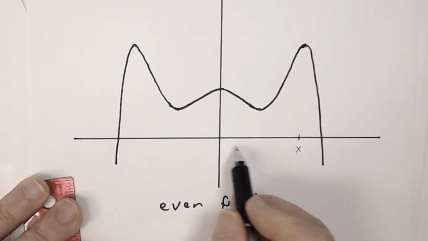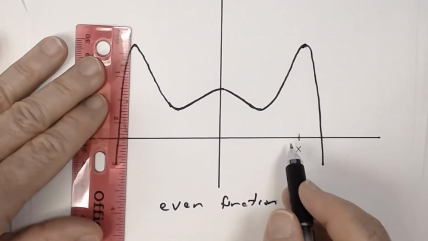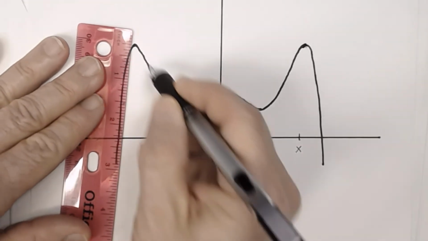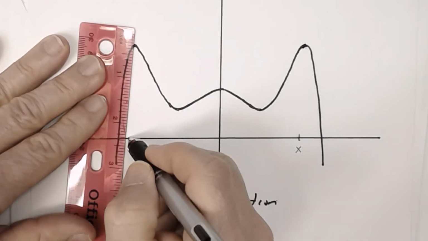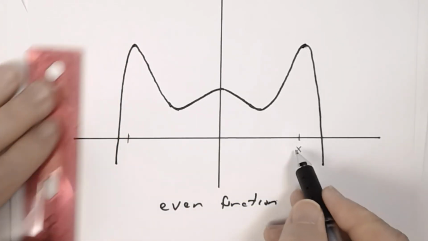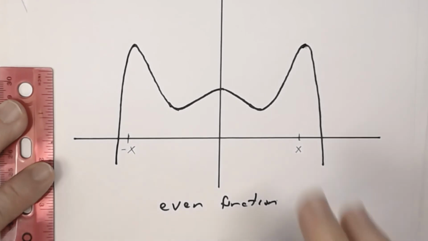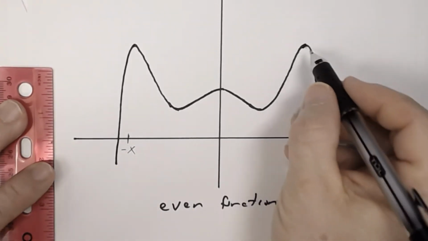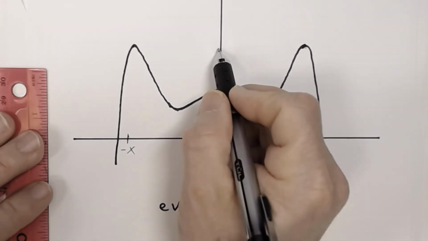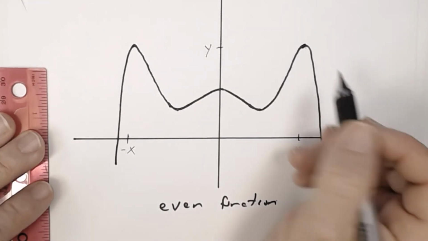The distance from here to here we'll call x, and then I want you to notice something. If this is x, then this is negative x, right? For example, this is 5, this is -5. And I'm going to label this point here y.